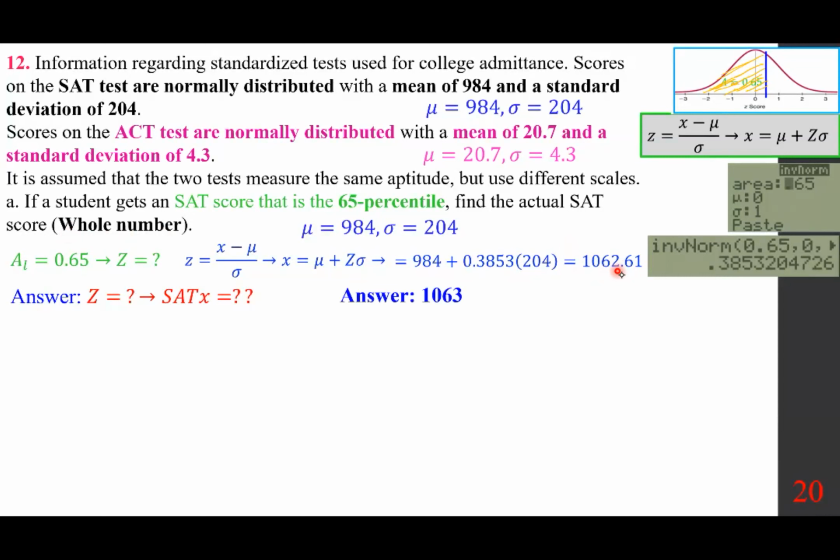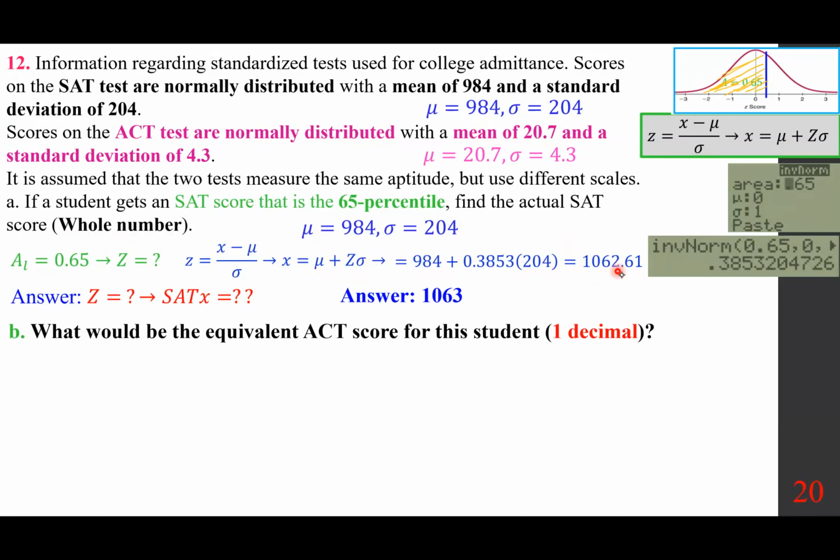They're pretty straightforward. What would be the equivalent ACT score for this student? In essence, we want the X value for this case. We need to find the Z value here.